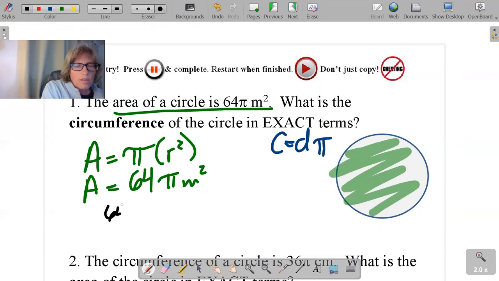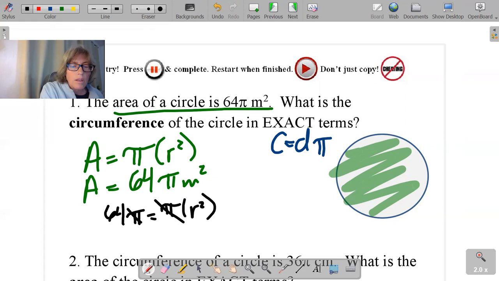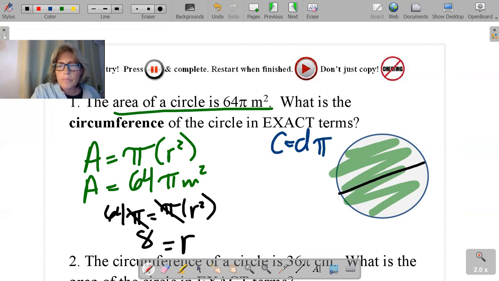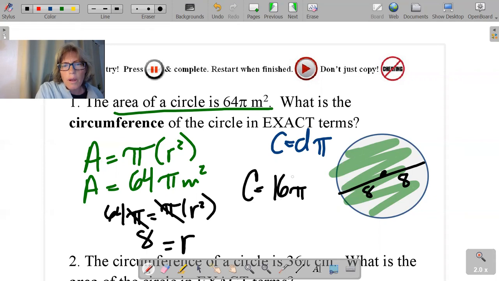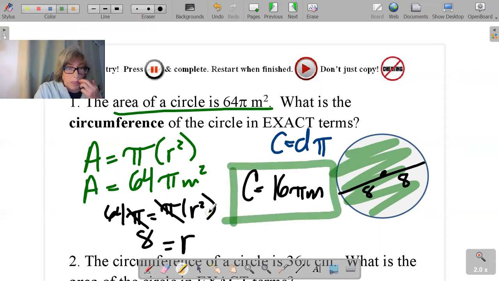So you should have had 64 pi equals pi, parentheses, r squared. You solve for the radius here, and your radius should equal 8, which means your diameter, c, equals 16 pi meters. There's your answer for the first one, 16 pi meters.